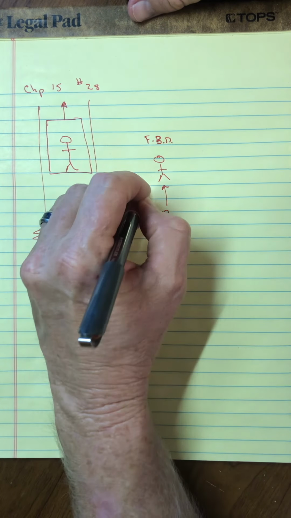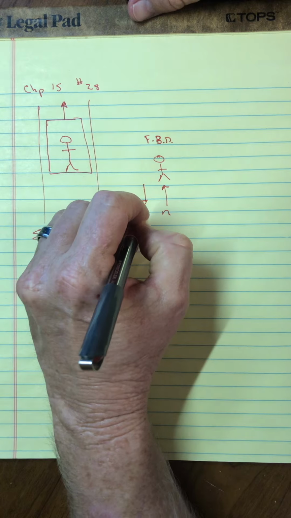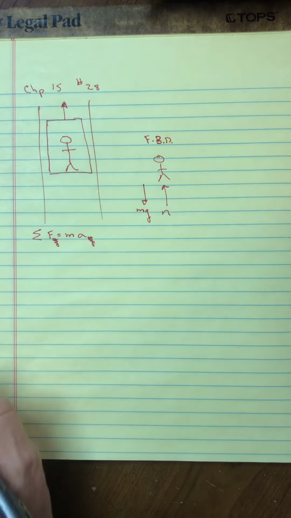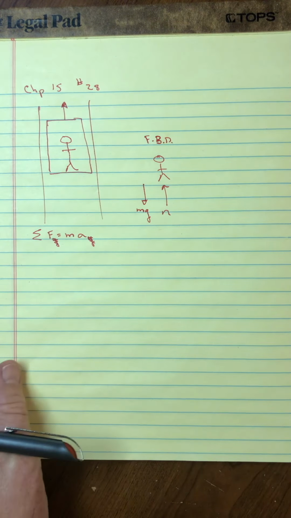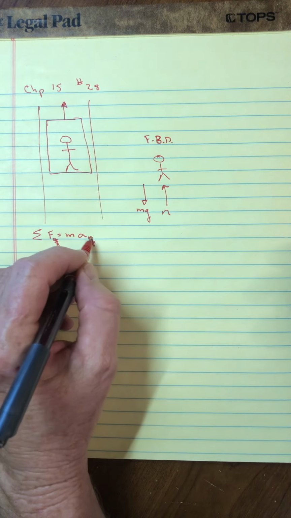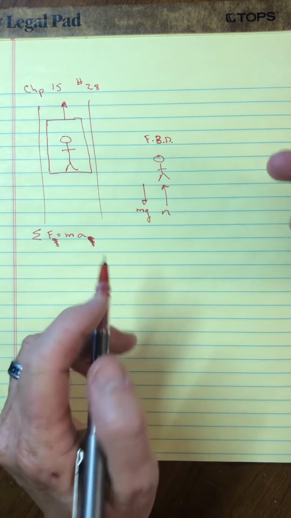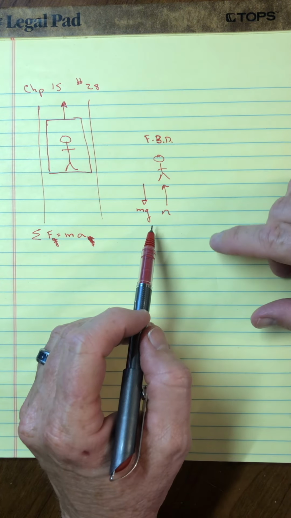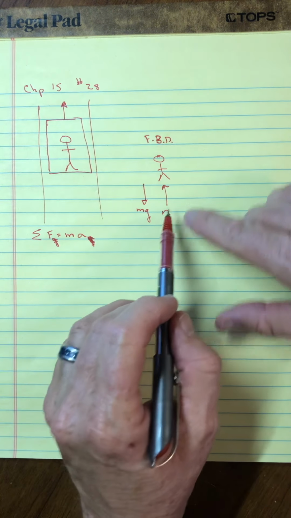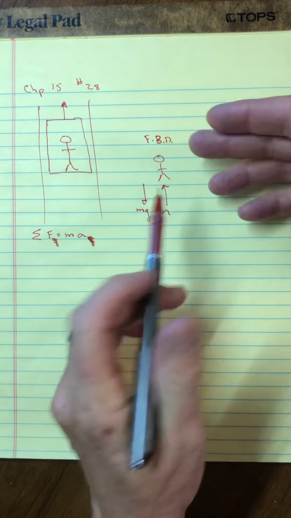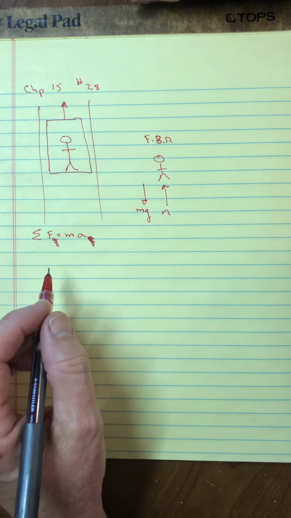And of course, gravity is pushing down with weight, mg. And that's all the forces on there. The way I like to describe when you're doing a free body diagram is look for the force of gravity plus everything touching the object, which I'll just call the person, the object.